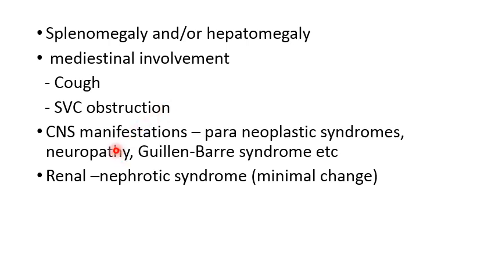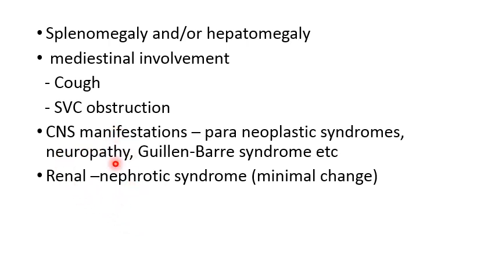And then interestingly, they can also present with CNS manifestations. You know, any malignancy can cause paraneoplastic syndrome, so they can present with any paraneoplastic syndrome involving the CNS. Also, this lymph node can cause compressive neuropathy.